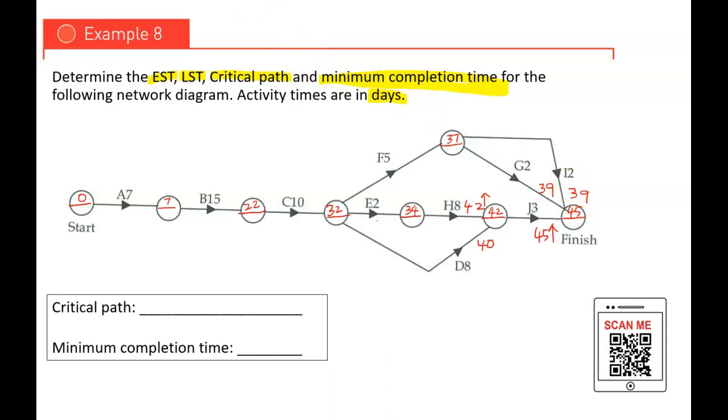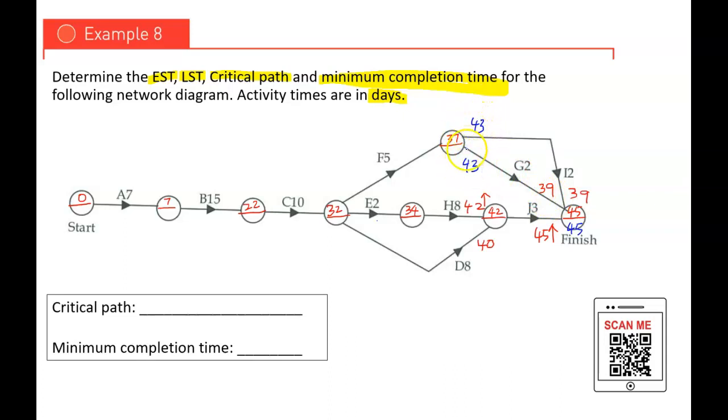And the next thing that I'm going to do is to find my LST. Now for LST, I start with the finish node and I bring the same value as the EST down. I copy the same value and then I backtrace. So 45 minus 2, I have 43. 45 minus 2, I have 43.